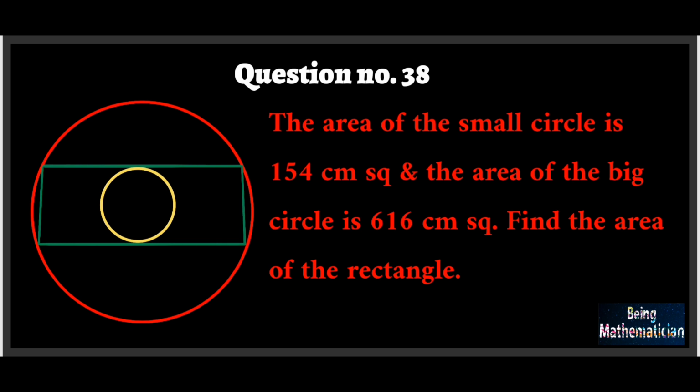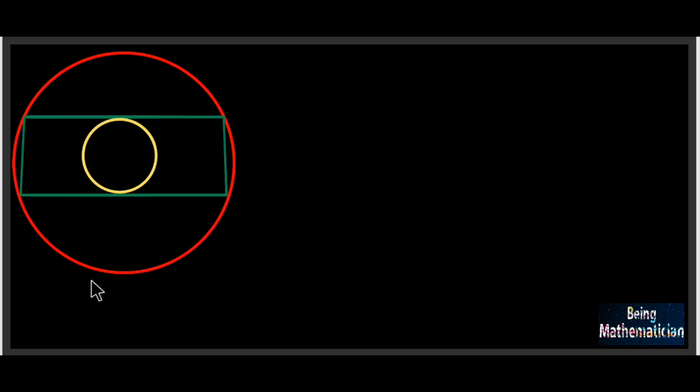Question number 38. The area of small circle is 154 centimeter square. Let the radius of small circle be r. So pi r square is equal to 154. So r square is equal to 154 into 7 by 22.